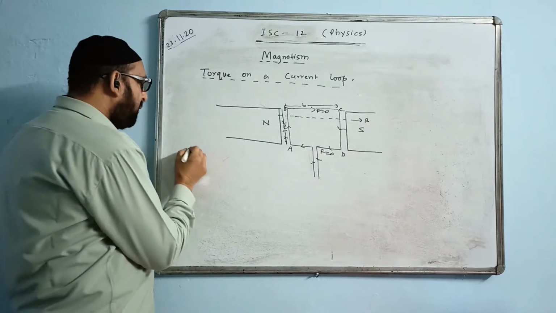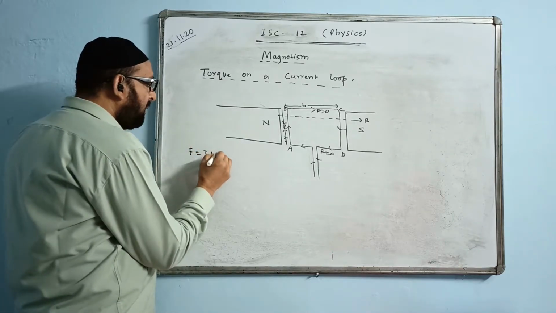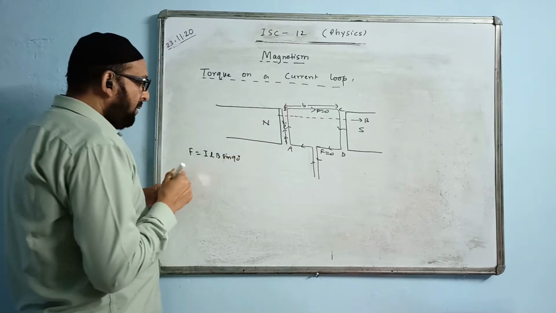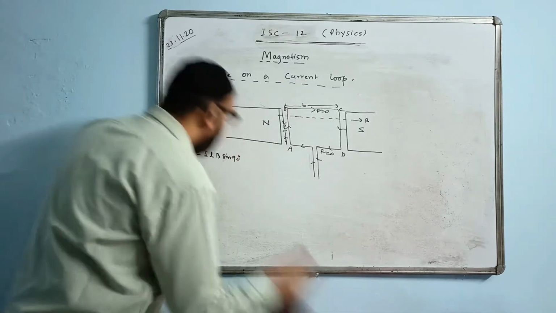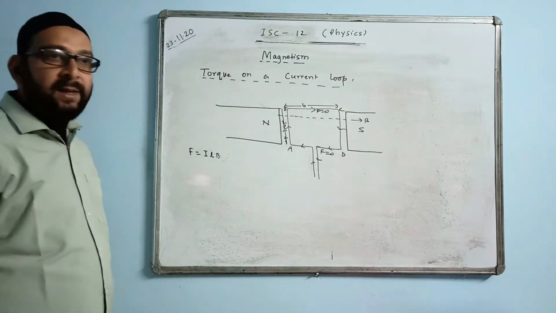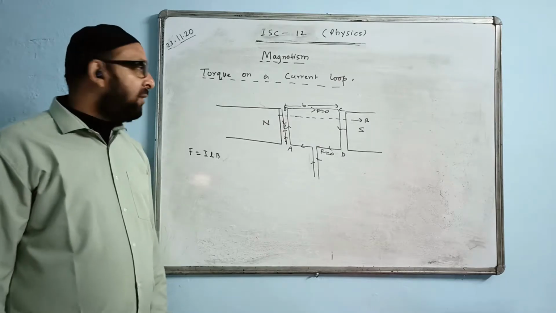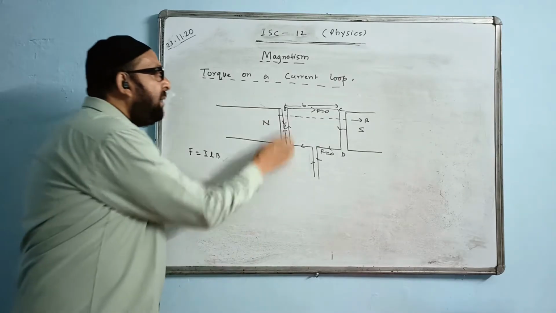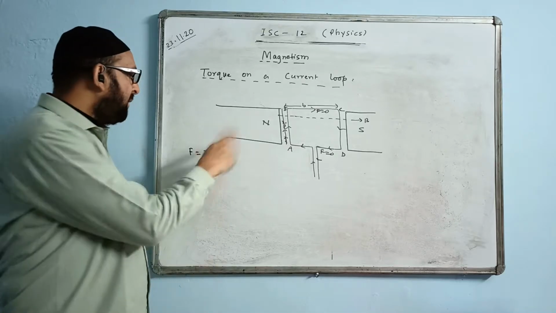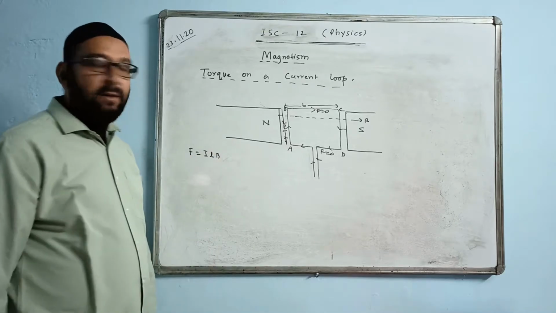What is the formula for force? We have ILB sin theta, and sin 90 is 1, so we can simply write ILB. The force value will be ILB, the maximum force acting on it. The sides AB and CD will experience maximum force, and the value of that force will be F equal to ILB.